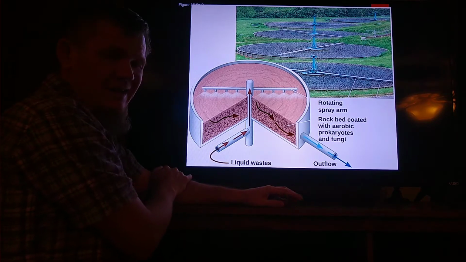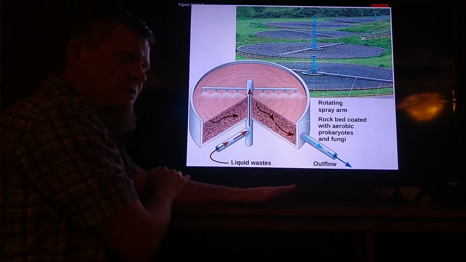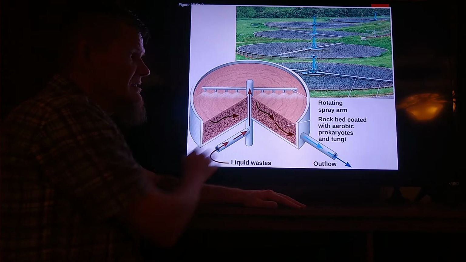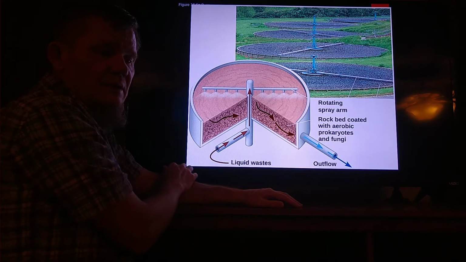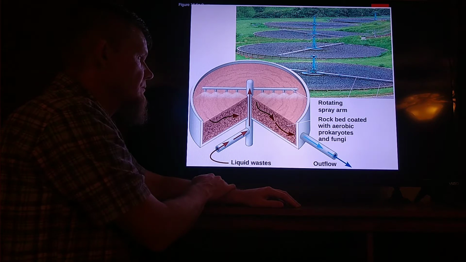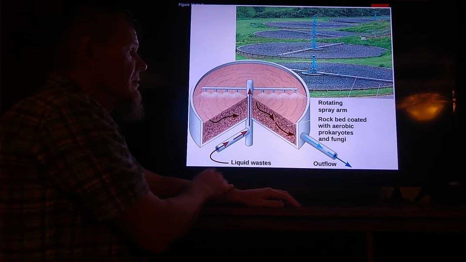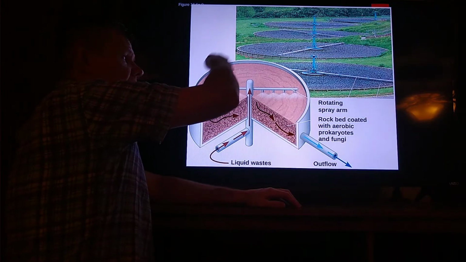It doesn't have any solid matter in it. It's all liquid. The solid's pulled off and they do something else with it. But this is all liquid waste, literally from toilets, from the washing machine, from the dishwasher, from the sink. This liquid, dirty, dirty, dirty water, is sprayed over these rocks.